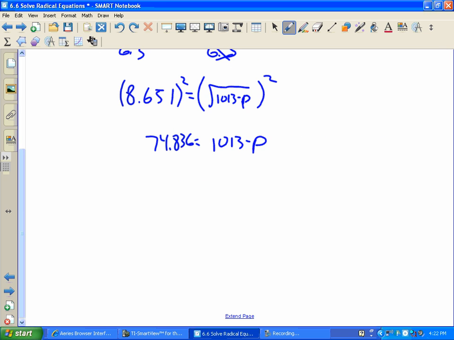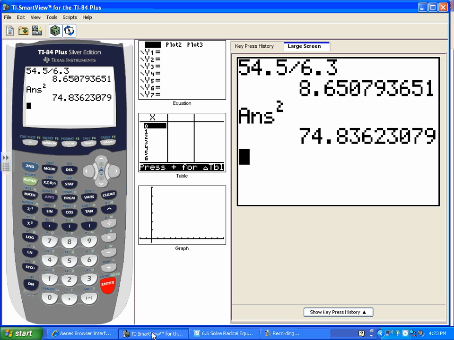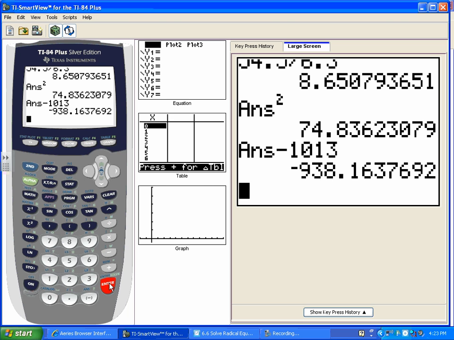74.836. At this point, solve for P. Minus 1,013 from both sides of that equation gives us this.